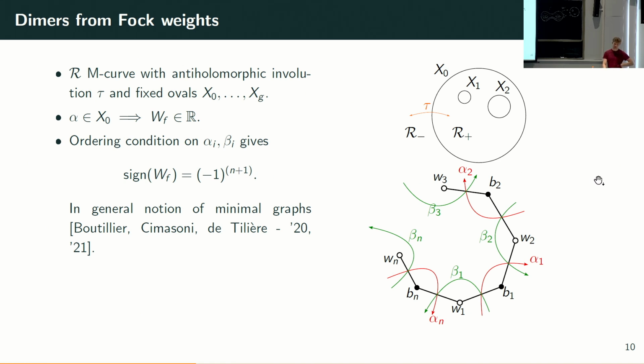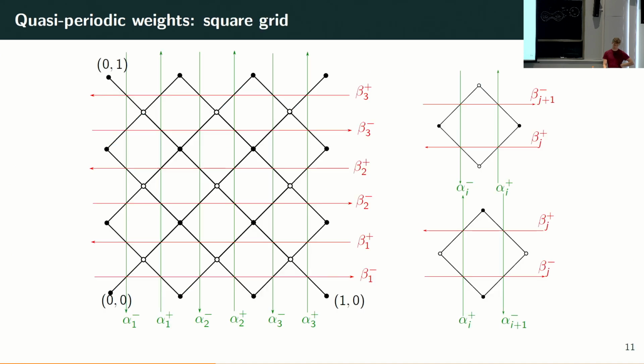Let's make this a little bit more concrete. We're working with a square grid. The black graph right here is the square grid where the dimers live, and I've drawn the train tracks as well. There are 4 different kinds of train tracks: 2 verticals, pointing in 2 different directions, and 2 horizontals, again pointing in 2 different directions. I denote the parameters corresponding to them as alpha plus, alpha minus, and beta plus, beta minus.